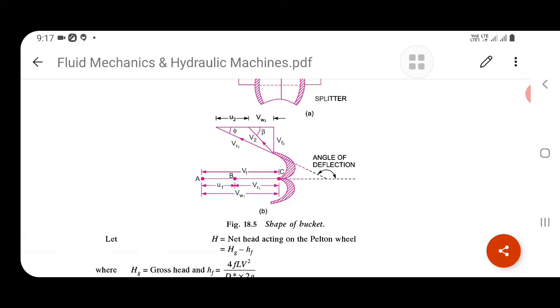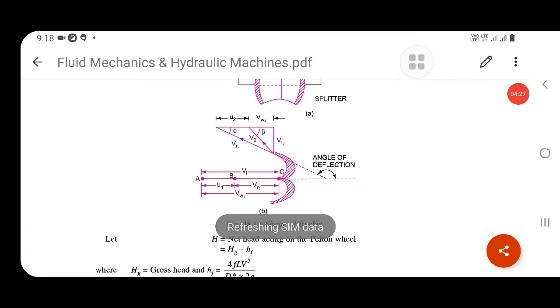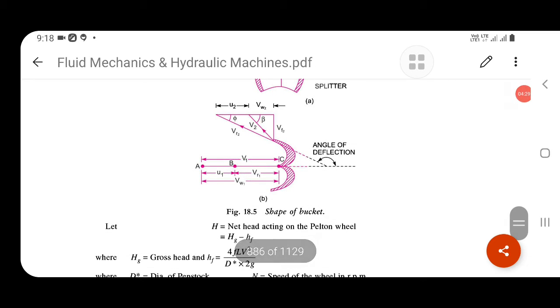Alpha is 0, beta is the outlet jet angle, theta is the inlet vane angle, phi is the outlet vane angle. So V2, VW2, VF2, U2, this is the outlet velocity triangle.